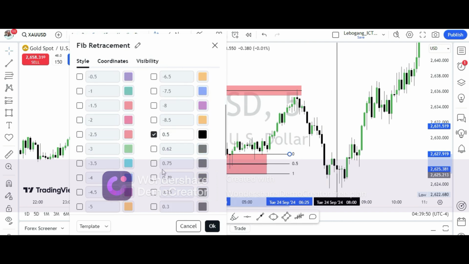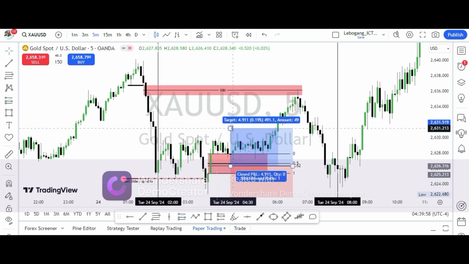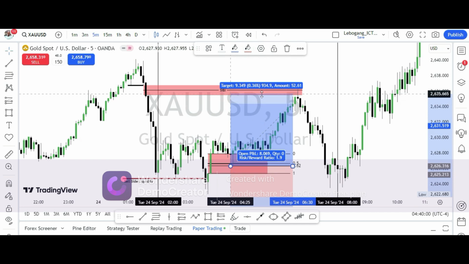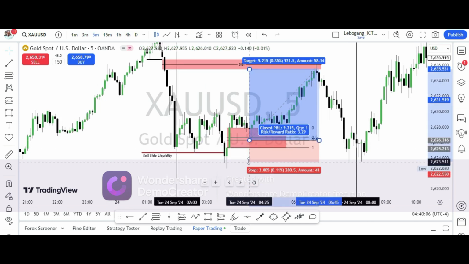and then we target the CB. We target the CB.